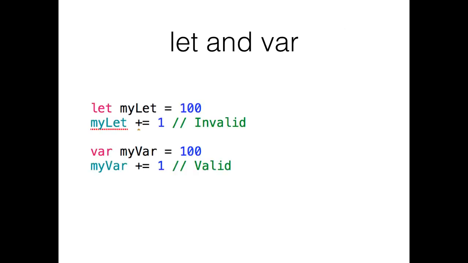Just to get things started, the difference now when setting a mutable or an immutable variable is in the keyword that precedes the variable. When you set a let variable, it means that you can't change it. That's why you have an error there, and it's invalid, so you can't do anything besides its original value.